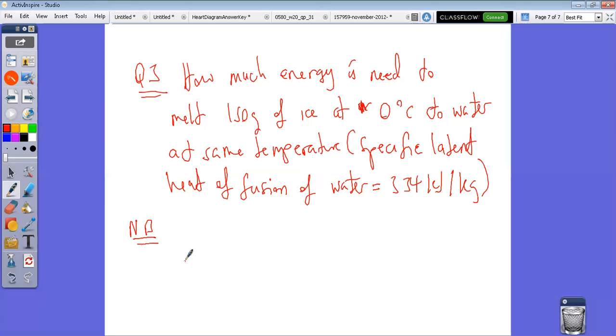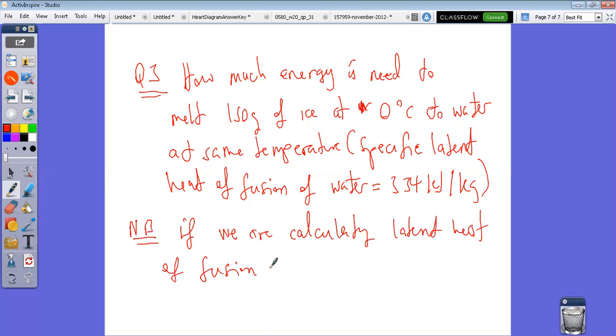Things that you always need to remember: if we are calculating the latent heat of fusion or vaporization, we ignore the temperature, because the temperature is constant. Clear?